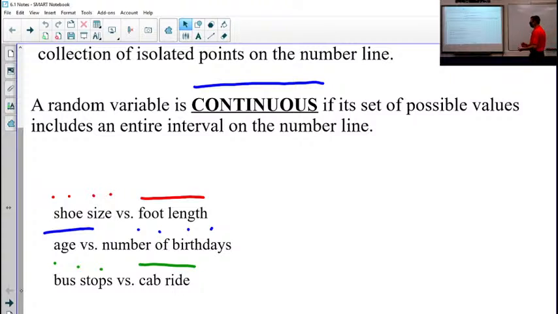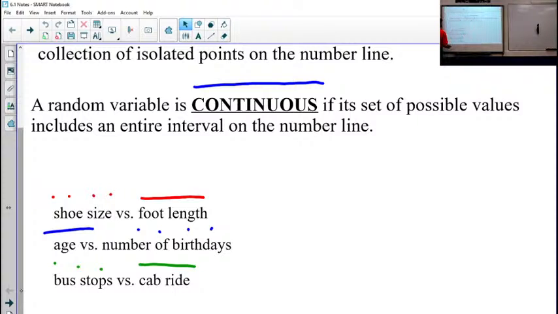Right? You would say, like, I'm 16, I'm 17, I'm 72. And so we turn that into a discrete variable that we usually measure by how many birthdays we've had. Sometimes we use halves if we're young. But that's turning a continuous variable into a discrete one.